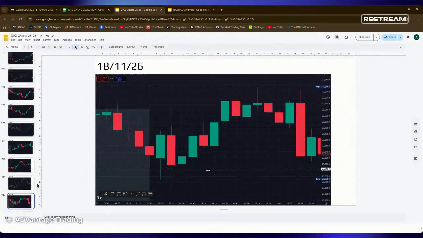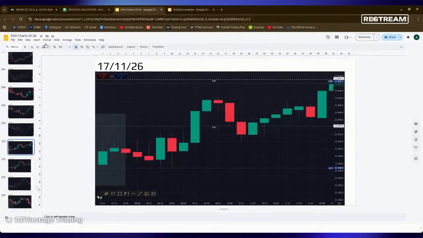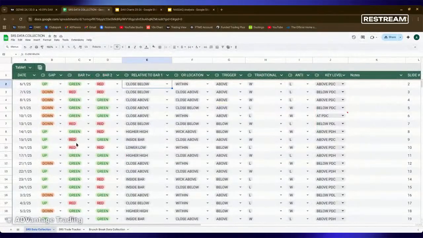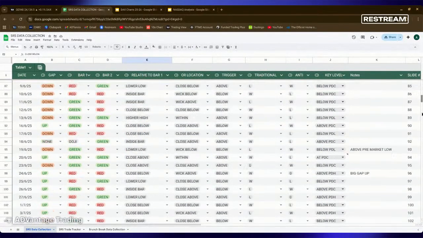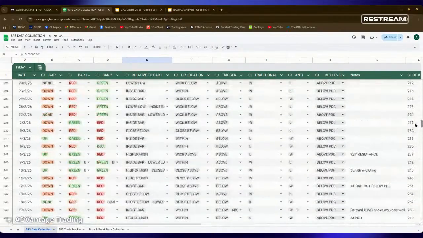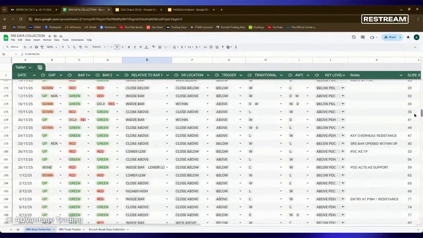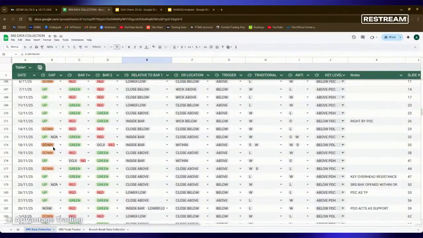So if we go back to this day, if we go to the 18th of November, and we have a quick look. So we have a gap, we have a green bar, we have a red bar. Okay. So it's all quite simple. It's just plotting in different data points, and then the relationship between variables is what tells me when to trade and when not to trade.